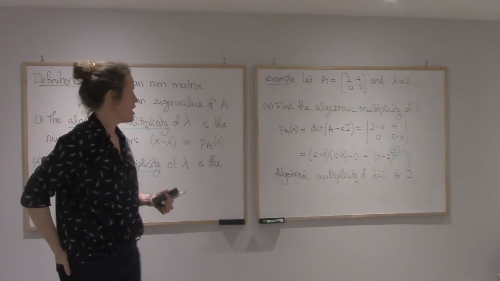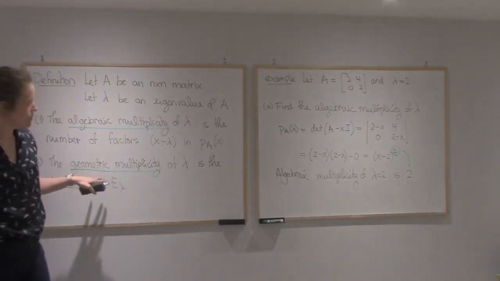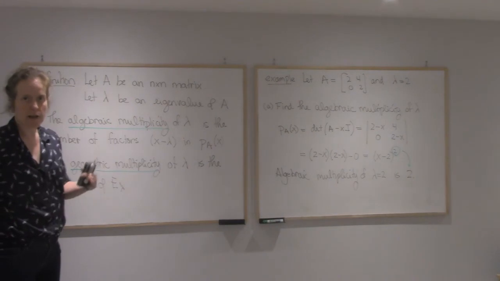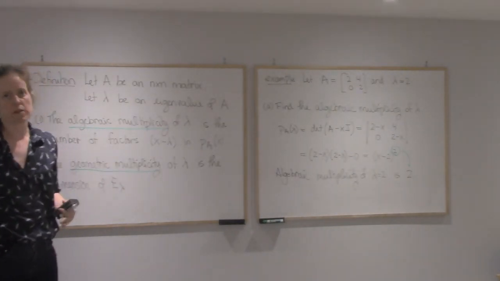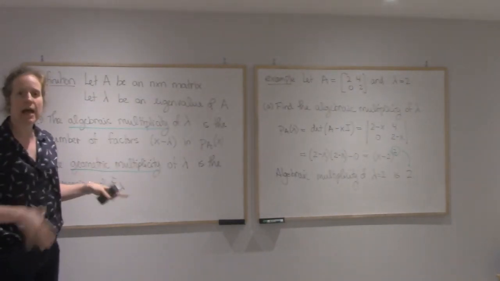We have it twice. Now, to find the geometric multiplicity of lambda, I need to look at the eigenspace corresponding to 2 and see how big it is.